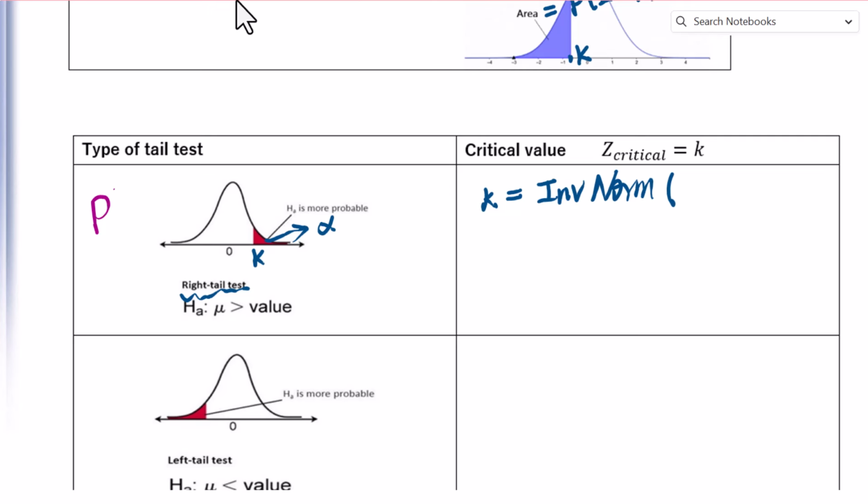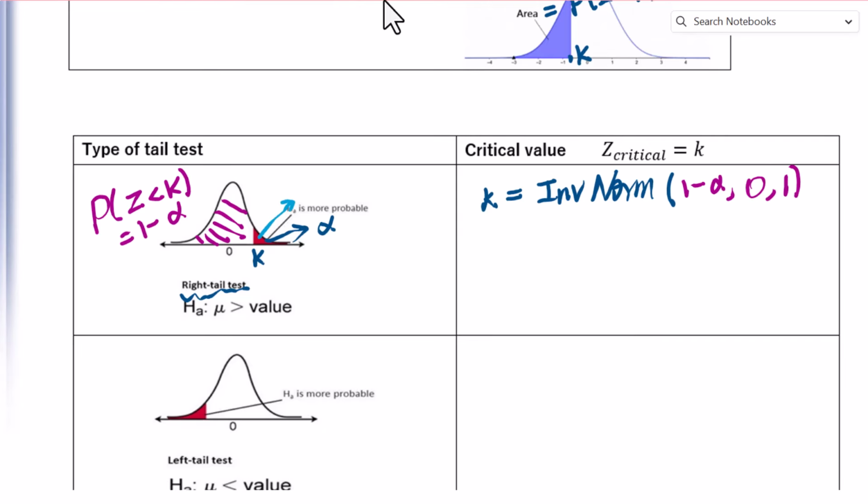Then probability of z less than k equals this part of area, which is 1 minus alpha. So inverse norm of 1 minus alpha, 0, 1.